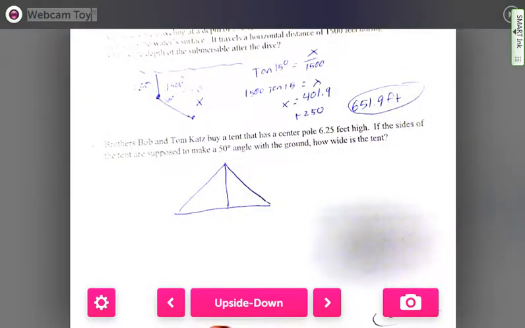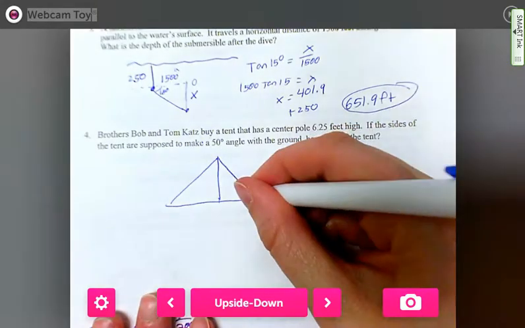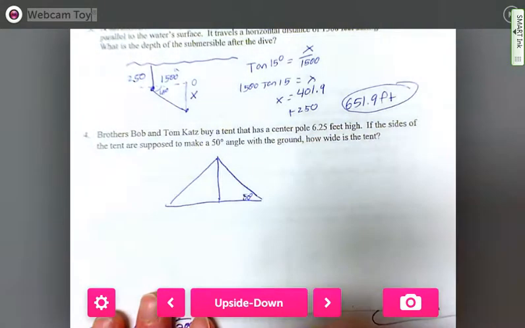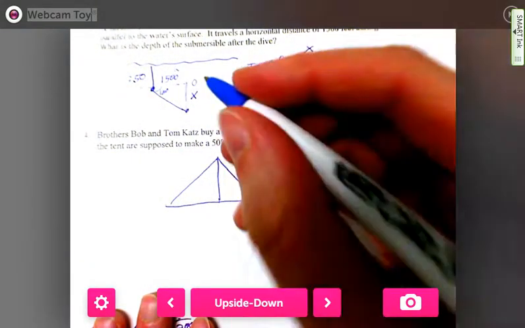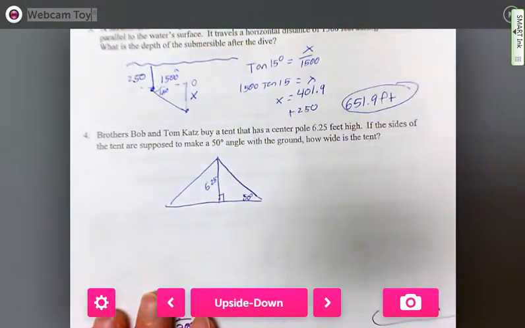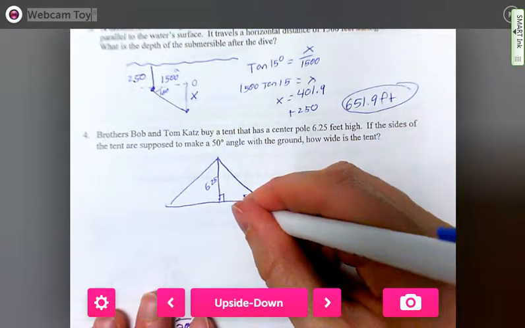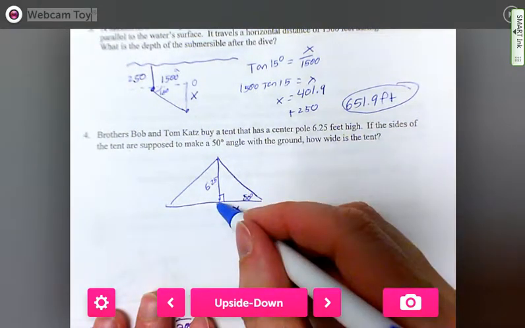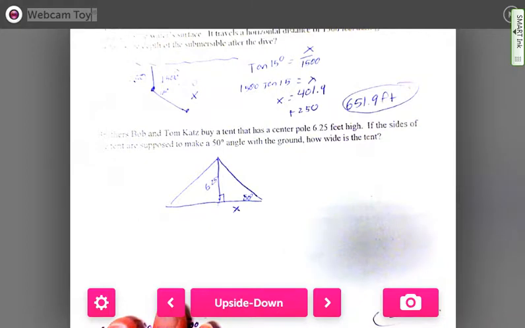Okay. This makes 50 degrees. The sides make 50 degrees. My center pole is 6.25. So I'm going to find x, this bottom part, but then I'm just going to have to multiply that by 2 to get the whole length, right?